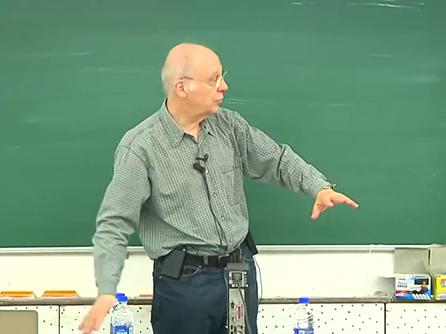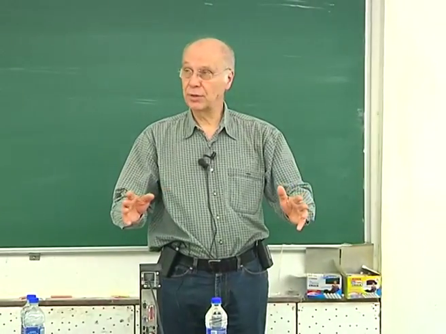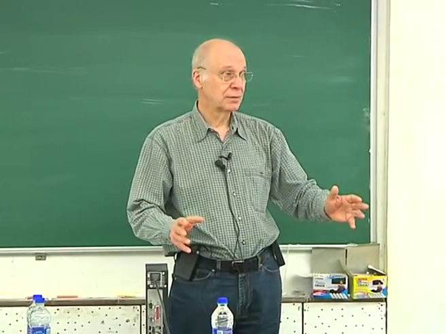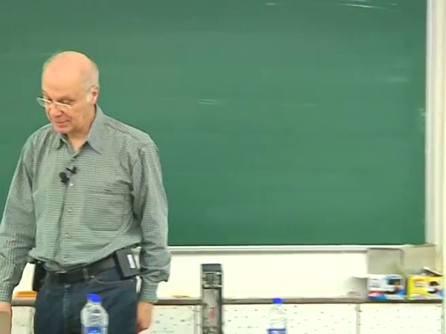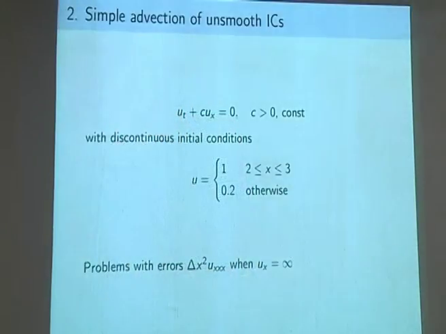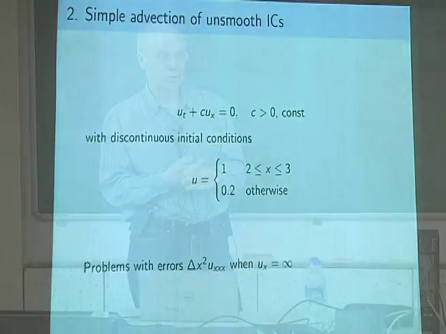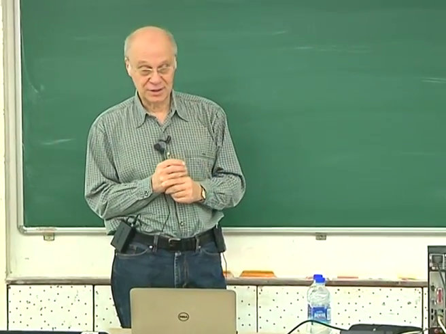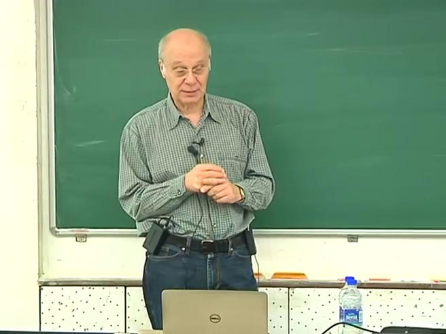We're now going over to discontinuous initial conditions and find out what is happening there. Moving information u sideways at a constant velocity c, and it's a positive velocity. Later on we'll switch to some nonlinear velocities that vary with position and time.